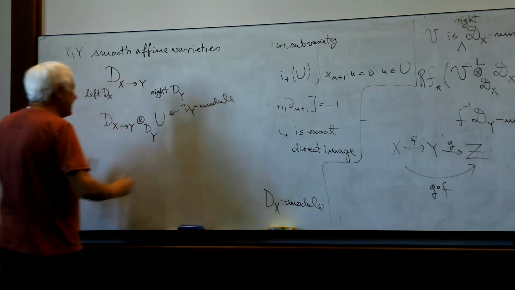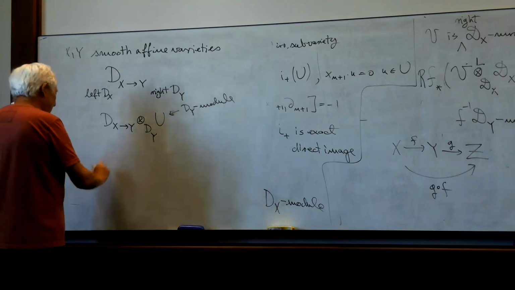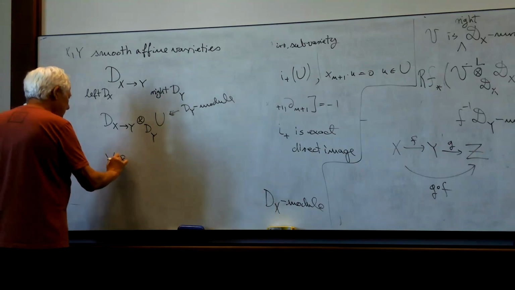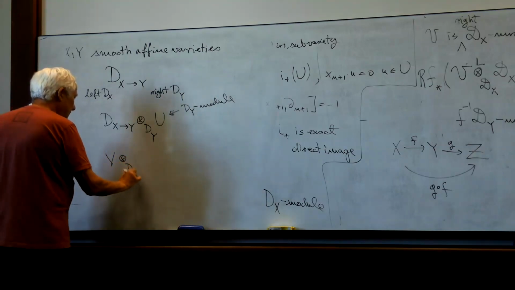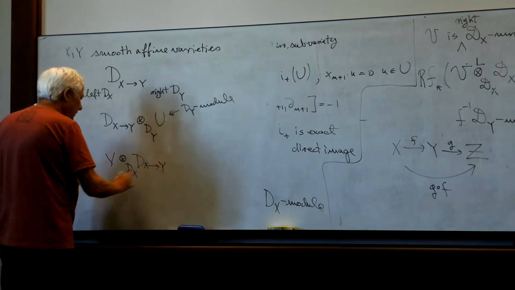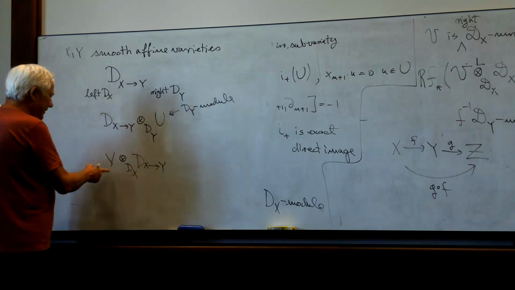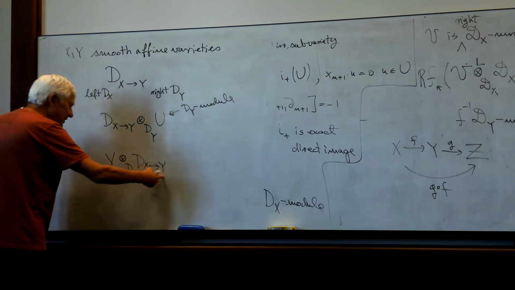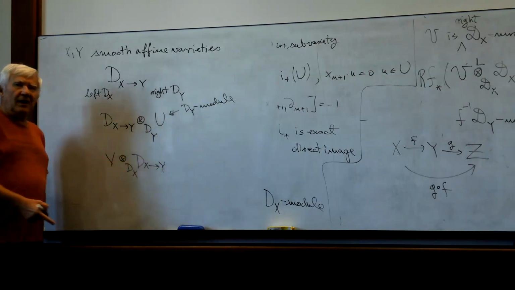So this is change of rings. The other one is, say, V tensor over D_X with D_{X→Y}. This is direct. Take a D_X module and tensor with this guy and then D_Y module.